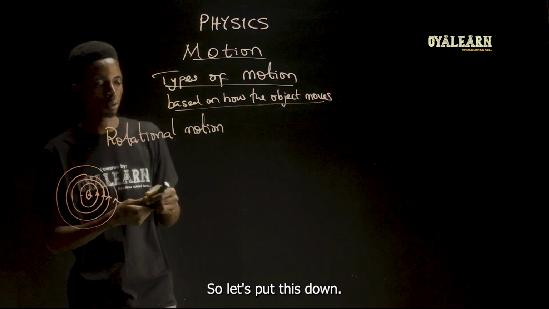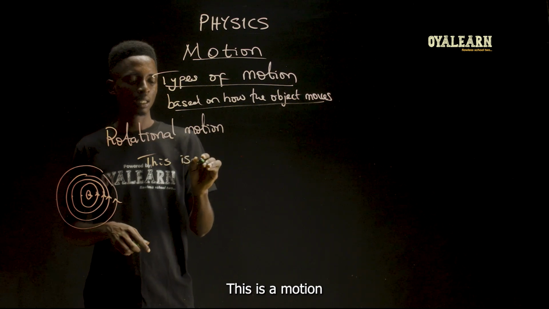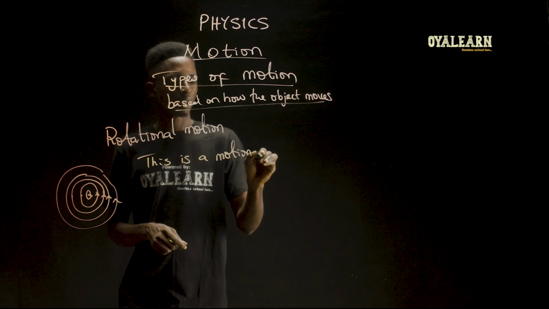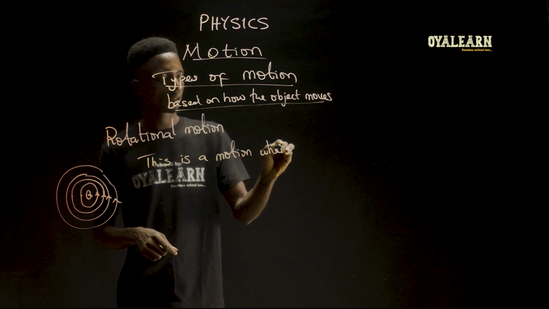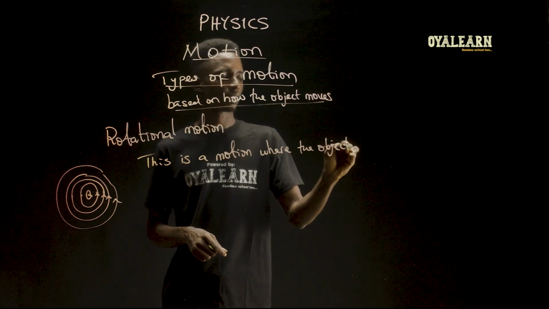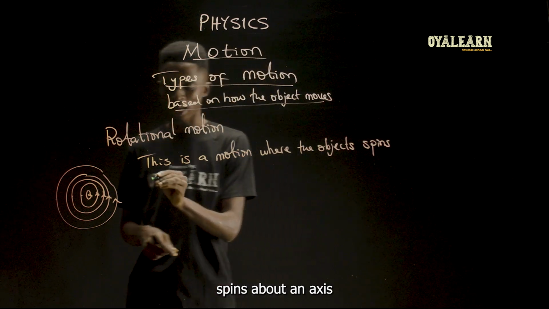So let's put this down. This is a motion where the object spins about an axis.